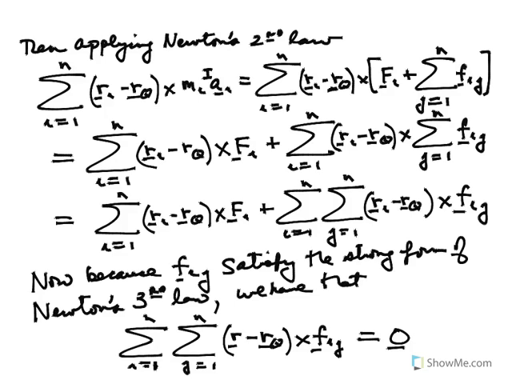The reason that's equal to 0 is because in each of these terms, we have an Ri minus Rq, and then we have an Fij, and we have a minus Fij because we have an Fji, because we're summing from j equals 1 to n. So for every term in this summation that's positive, there's going to be another term that's negative, which means the whole thing is going to cancel out, and we're going to wind up getting 0.